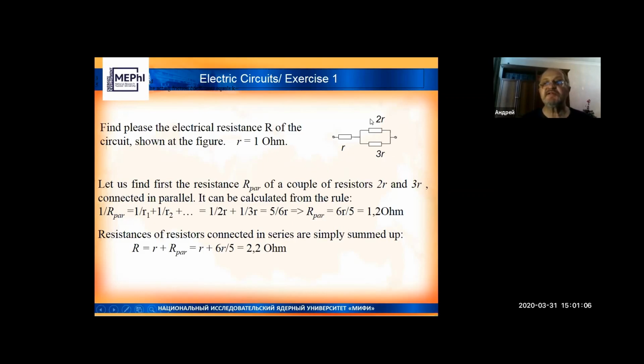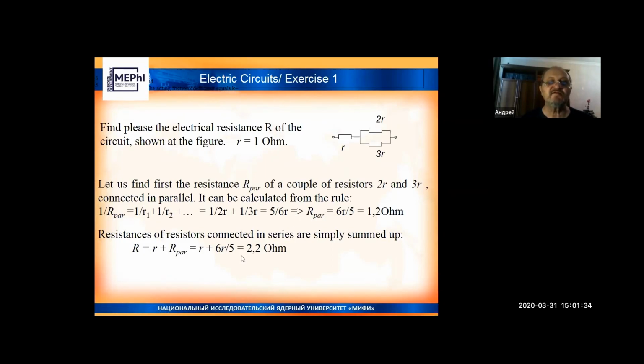First, let's consider this couple of resistors connected in parallel. They have resistances 2 and 3 ohms. The rule to calculate the resistance of a group of resistors connected in parallel dictates we should sum up the values inverse to resistances.